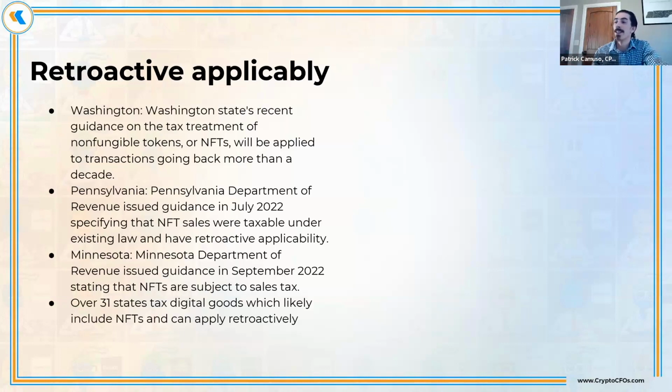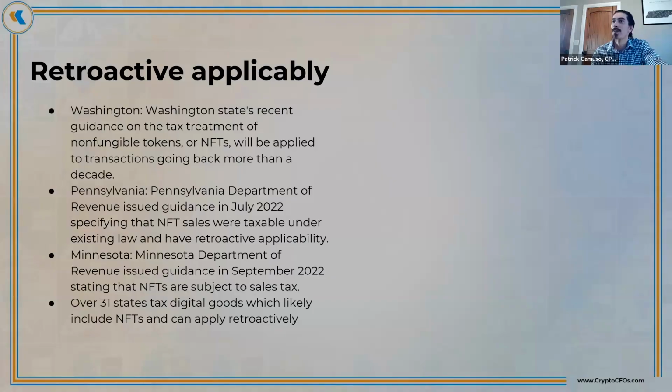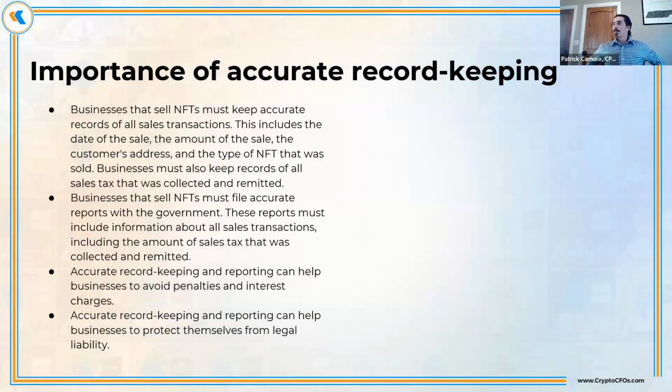So this is a challenging issue for the Web3 industry in general, because there are a lot of challenges to sellers even properly collecting and remitting this and getting into compliance. And there's so much regulatory ambiguity. But then on the back end of this, there's a huge tax risk associated with it once we get into the definitions and how this retroactive applicability works.